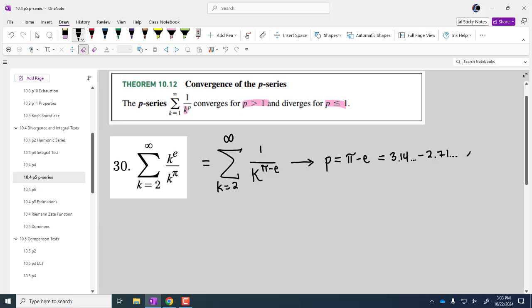Less than 1. Therefore, it diverges. P series, bigger than 1, converge, just like our improper integration. What does the P in P series stand for? Power.